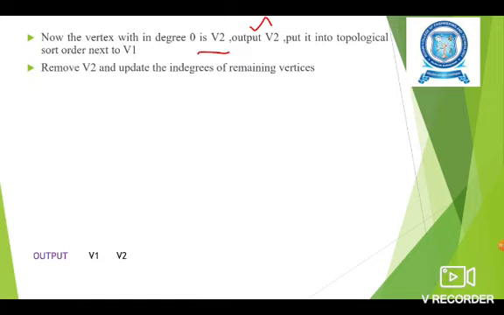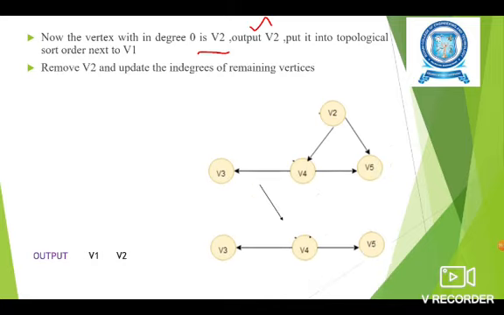V2 is added in the output. Once V2 is added in the output, you have to remove V2, its edges are removed, and we are recalculating the integers.